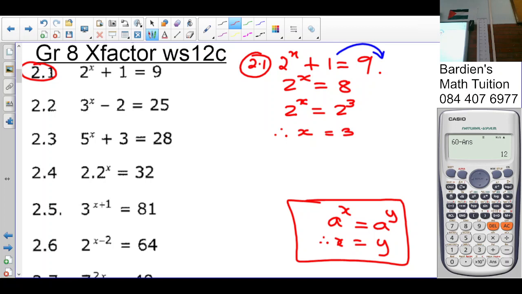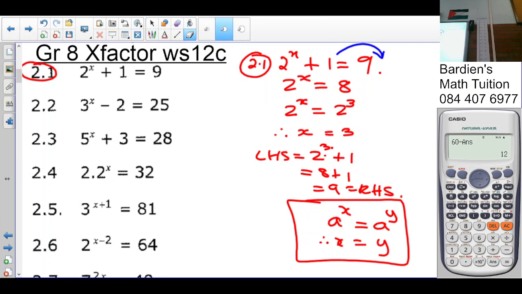And we can test it. On the left hand side of the equal sign, we're going to say 2 cubed plus 1. What is 2 cubed? 8, and 8 plus 1 is 9, which is equal to the right hand side. Can you see that, people? Or you can do it in your head and check. You all okay with that? Any confusion? Alright, do 2.3 for me quickly.